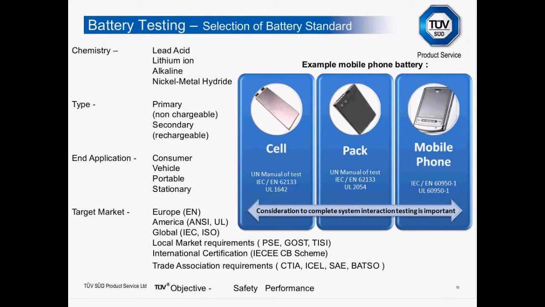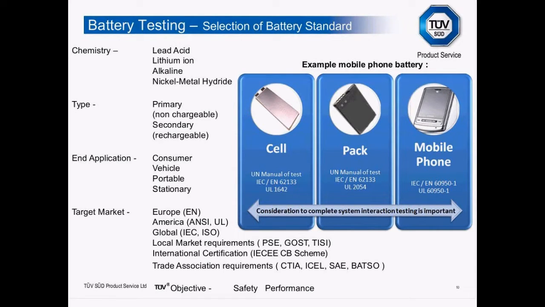So for example, if you have a portable lithium-ion battery, that tends to be tested against IEC 62133. Whereas if you had a portable lithium metal battery, that tends to be tested against IEC 60086-4, because that's a non-chargeable battery.